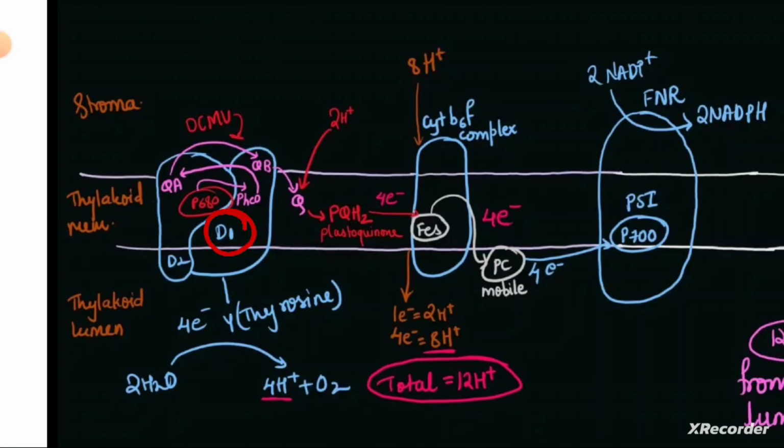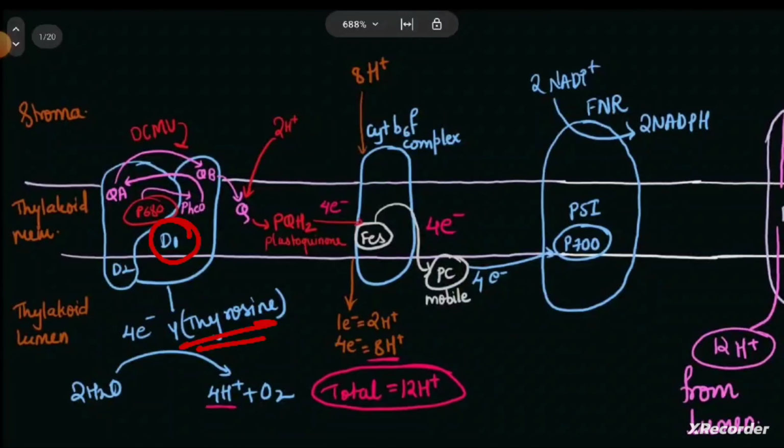If you go to see, the water molecule is donating 4 electrons, and these 4 electrons are first accepted by the tyrosine molecule that is present in the D1 protein of the PS2. Now this D1 protein accepts those 4 electrons, passes them on to the pheophytin molecule. Pheophytin passes those electrons to QA, the primary quinone.